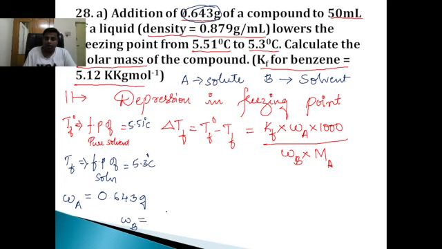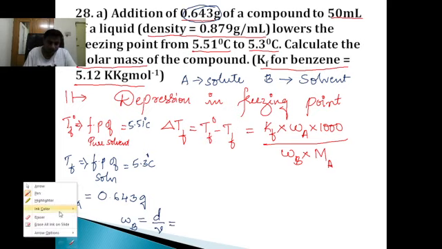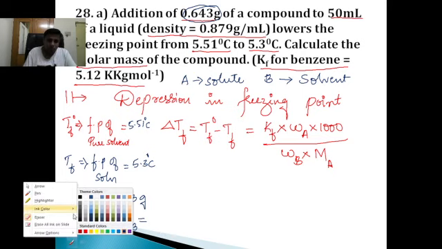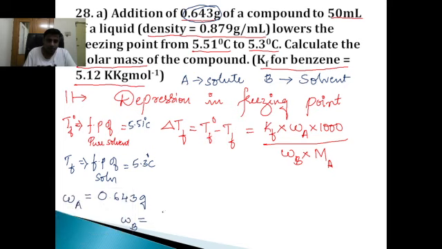We know density is equal to mass by volume, so WB is density into volume.